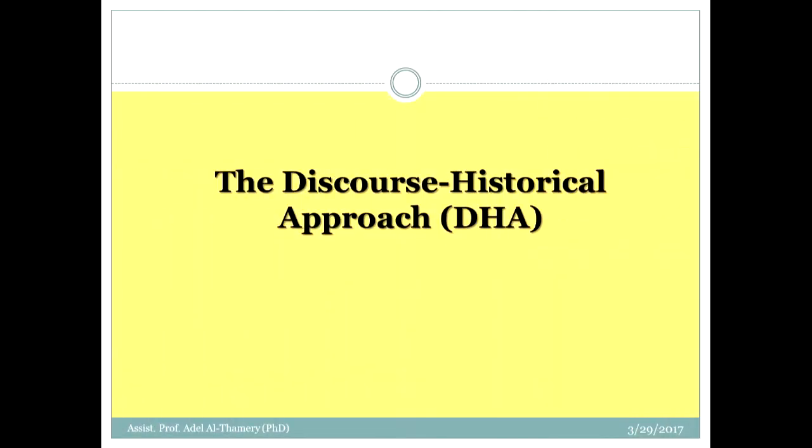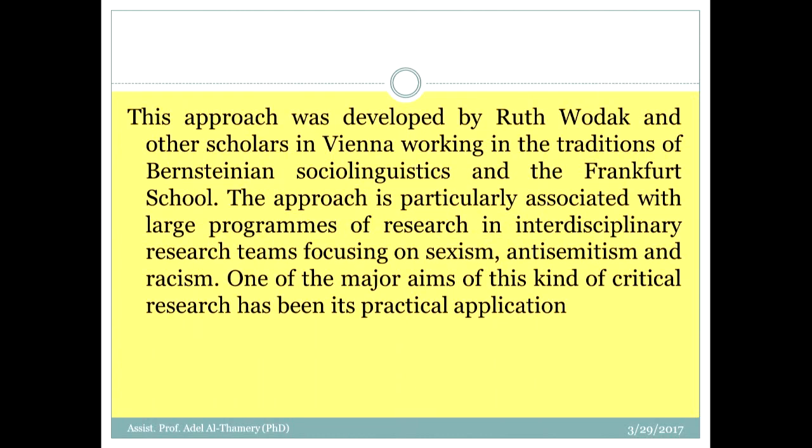The third approach is called the discourse historical approach, DHA. It was introduced by Ruth Wodak, and she used to be part of Vienna's circle of scholars working in the traditions of Bernstein's efforts in sociolinguistics, and they related this kind of sociolinguistics with the Frankfurt School approach.